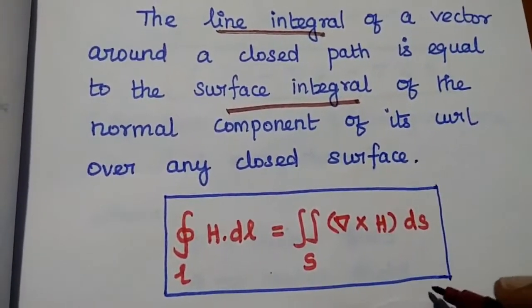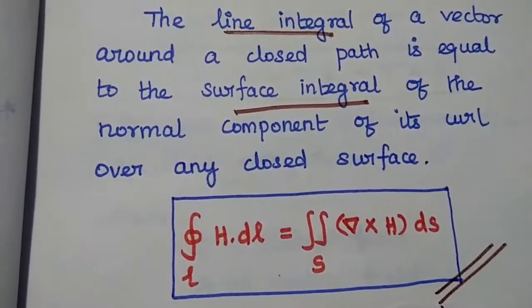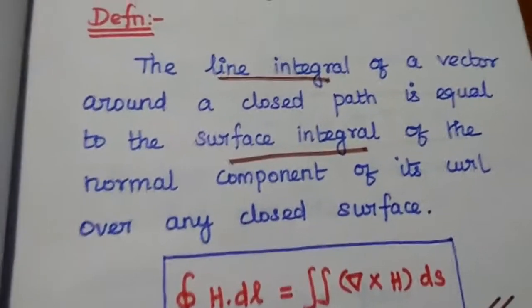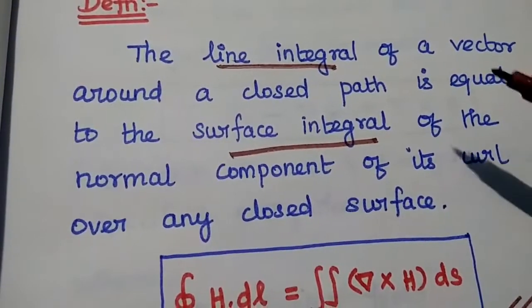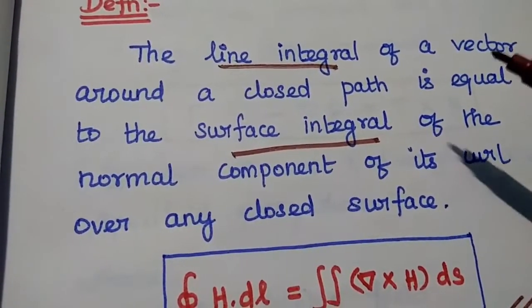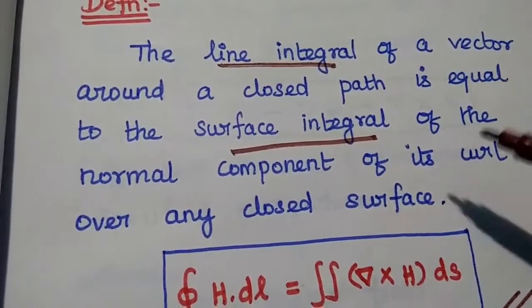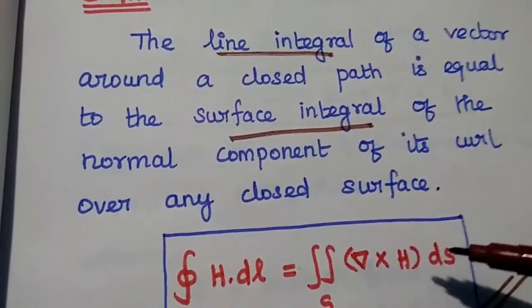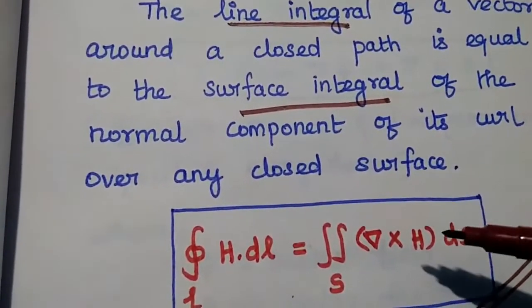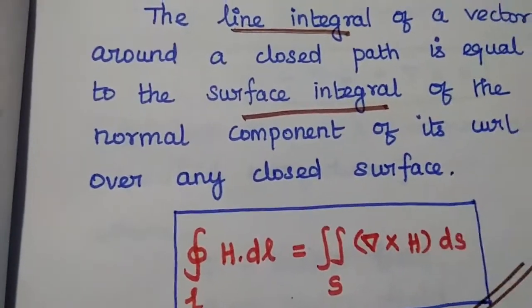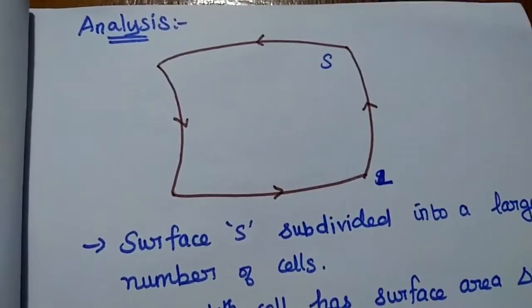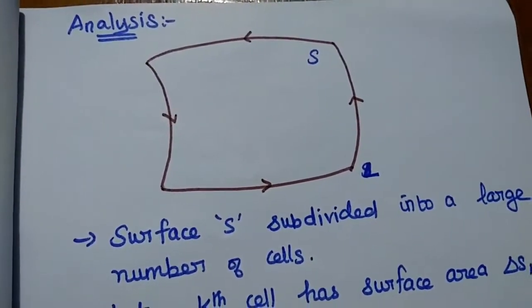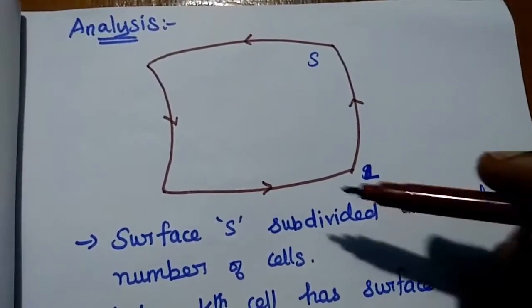Now we are going to prove this statement. How can we relate that the line integral of a vector around a closed path is equal to the surface integral of this curl?